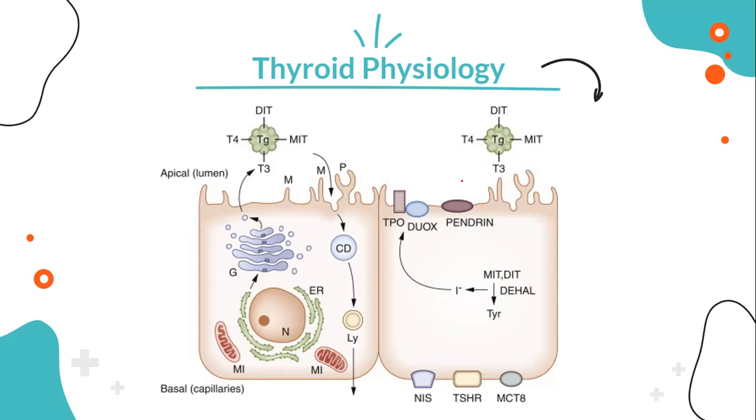Some portions of colloid that include this whole big molecule are taken inside the cell, and it is going through this protein, which is pendrin, in Spanish pendrina. So it takes this little portion of colloid, including this molecule, and makes it go through this pendrin molecule to go inside the cell and then go to the capillaries.